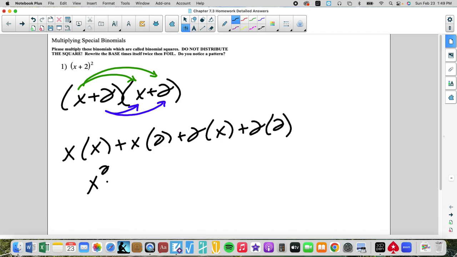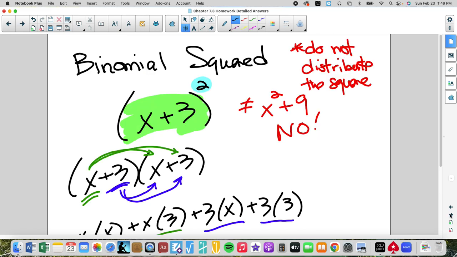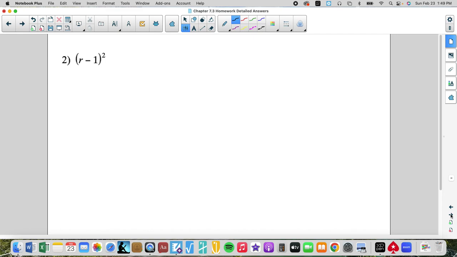X squared plus 2x plus 2x plus 4. My 2x and 2x are like terms, so we get x squared plus 4x plus 4. Make sure it's in standard form. It is. Okay, that would be our first answer. So those are the little notes here.